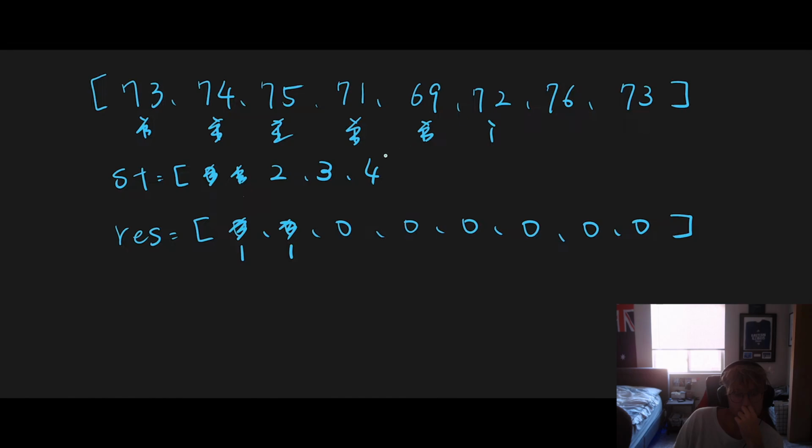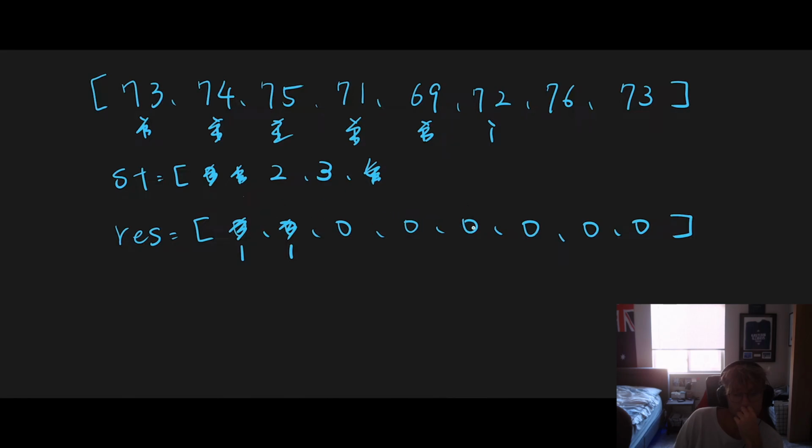So the stack has data, so it's time to compare temperatures. 72 versus the latest day, day 4, so 69. So 72 is greater than 69, so that's why we find warmer days. So it's time to calculate days. So pop index 4 from the stack, and 0, 1, 2, 3, 4 here.